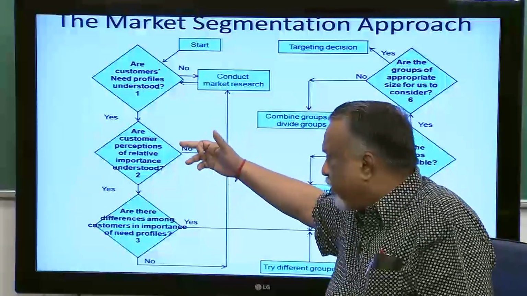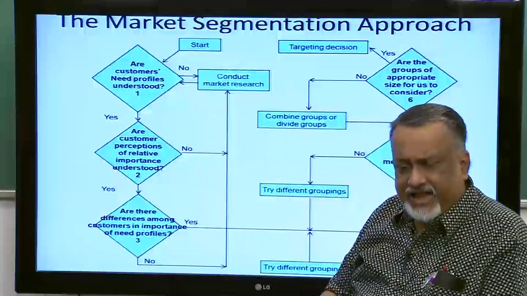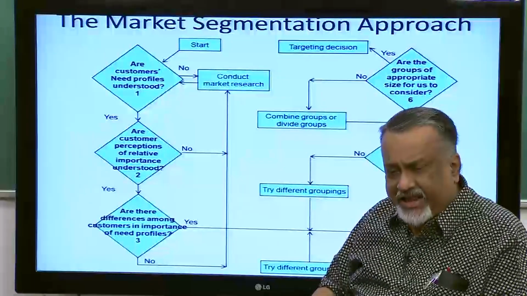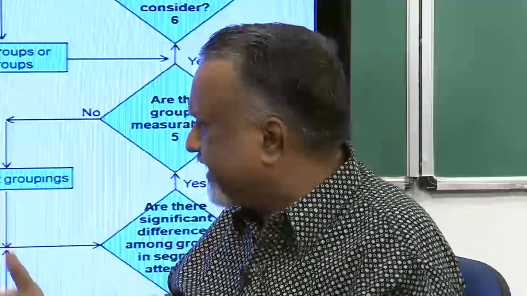If we know that, then we go to the next stage: are there differences among customers in terms of importance of these needs? So, within that segment there is a group A, for whom price is very important, there is a group B, for whom the concept of beauty or elegance or skin problem is most important, and so on.